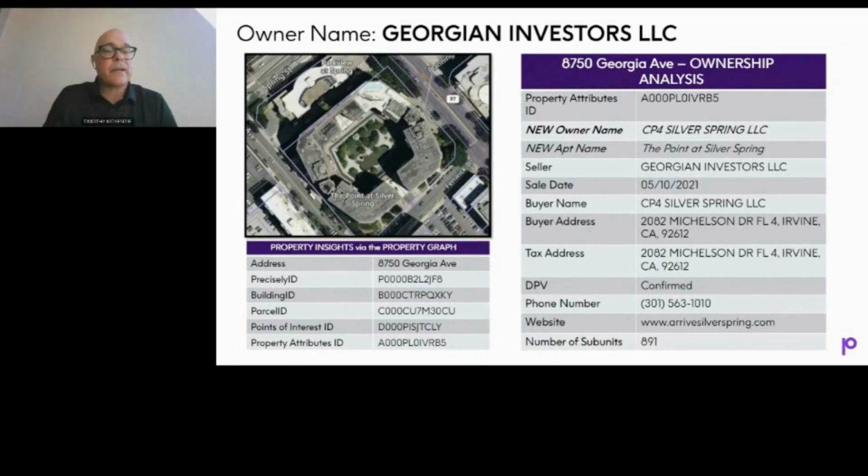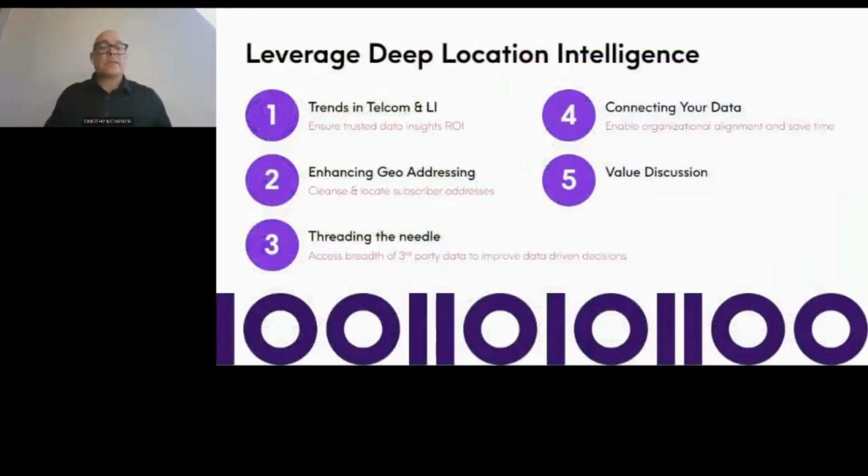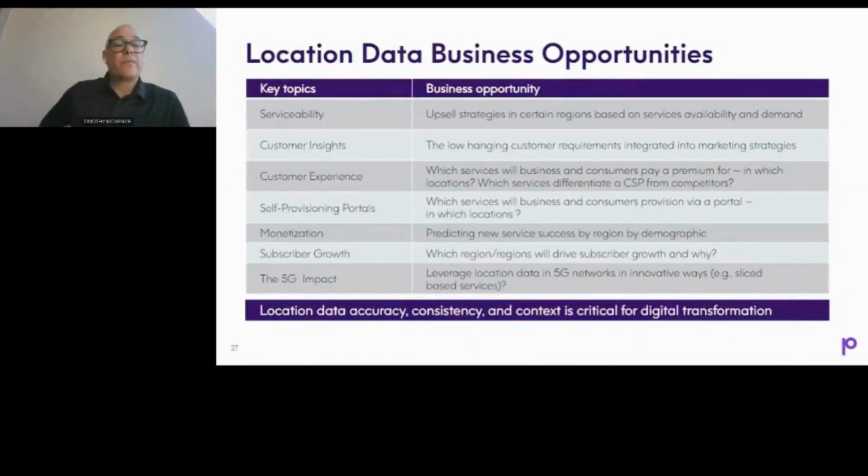Let's go to the next slide, Danny. And so, just in summary, for this part of the discussion, we've talked about how leveraging the right technology and the right data, from our perspective that comes from Precisely, can help you with serviceability decisions, can help you better understand your customers, can enable automation so that more processes within the provisioning, within the network identification process can be automated so that you can move more parts of an onboarding process into self-service.